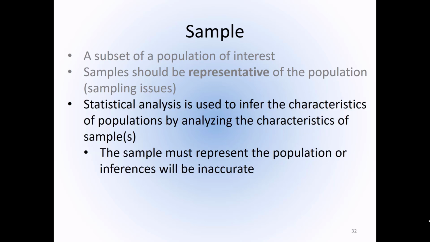And this is important because we're using our sample to infer characteristics of the population. We're not able to sample all individuals of the population, so the sample needs to provide us information across all the different organisms within a small subset. And if we have any kind of biased sampling, then our inferences are going to be inaccurate.